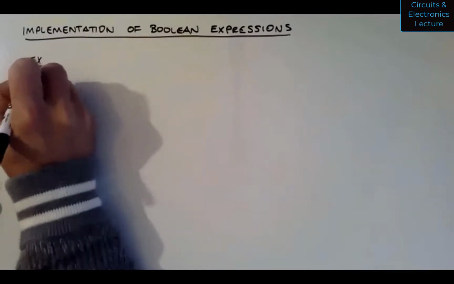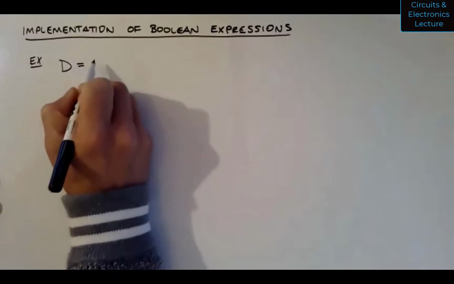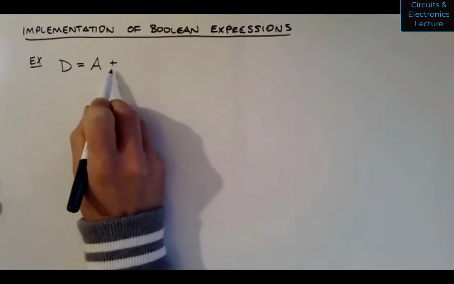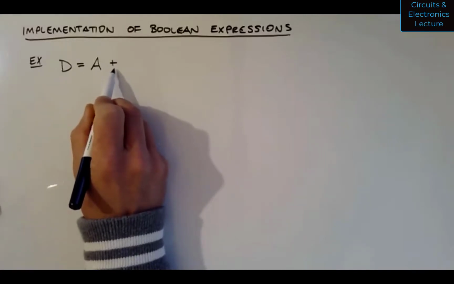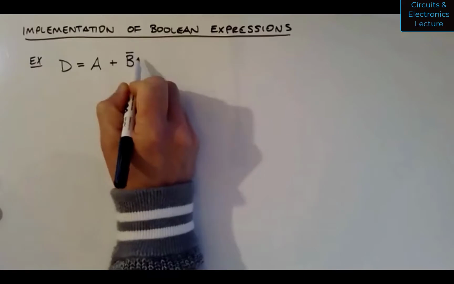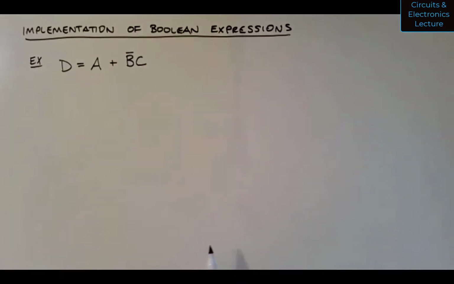If I have an expression, D equals A plus, remember that's an OR, a logical add is an OR, and then B inverse times C. So here is a Boolean expression. It describes a logic circuit, or I should say a logical operation, really.